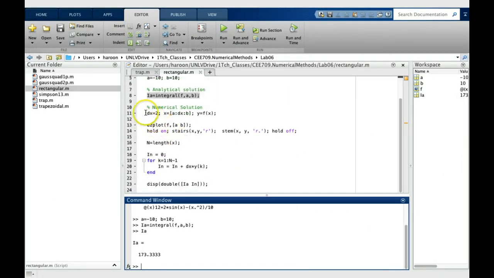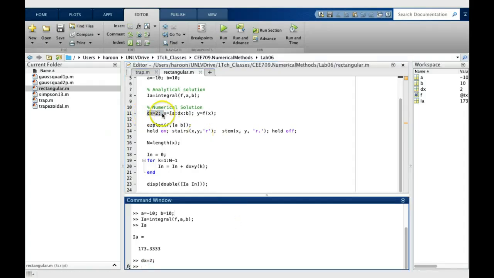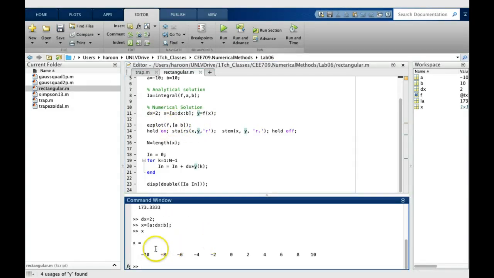Now, in order to get the numerical solution, we divide our domain into small intervals, and let's say that interval size is 2 units. So from minus 10 to 10, we can create the x values at which we are trying to find our solution, and you can see it will compute the value of the function at minus 10, minus 8, minus 6, minus 4, all the way to 10, separated by 2 units along the x-axis.